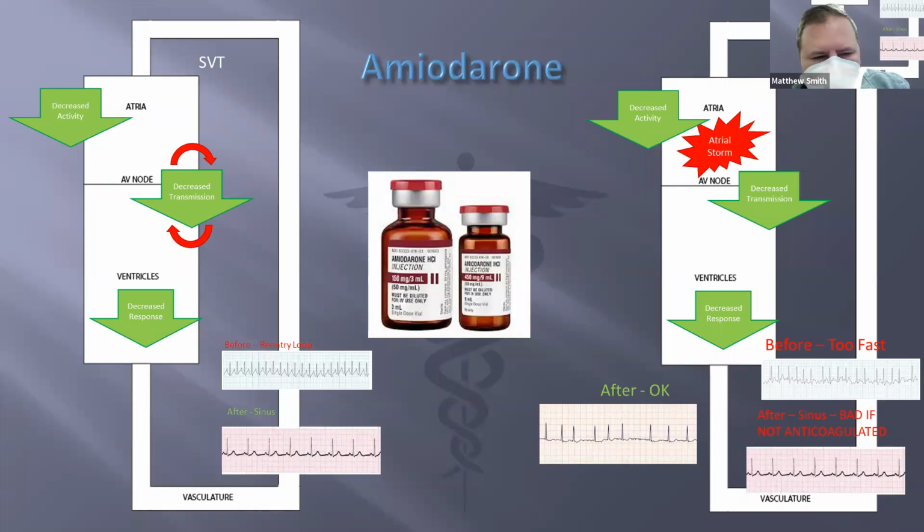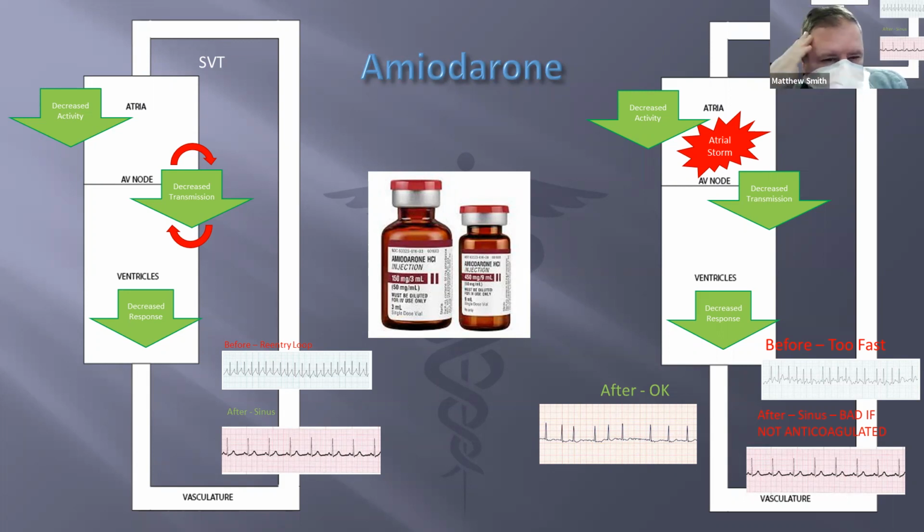It decreases the intrinsic firing rate of the SA node. It decreases the excitability and propensity to transmit electrical impulses at the level of the AV node, and it decreases the ventricular response at the level of the ventricles, right? It decreases the ventricular intrinsic firing rate.